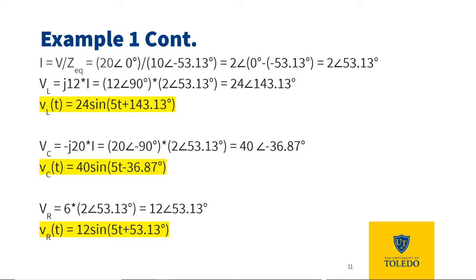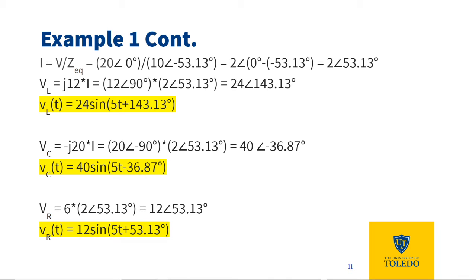V subscript C equals negative j20 times I, which comes out to 40 angle negative 36.87 degrees, which means V subscript C of t comes out to 40 sine of 5t minus 36.87 degrees.